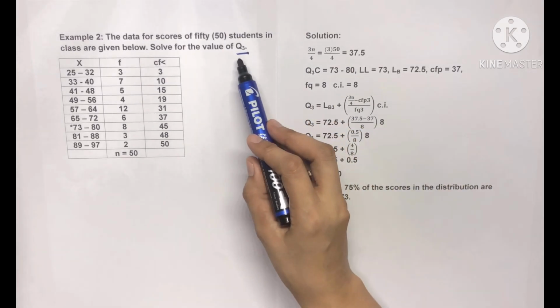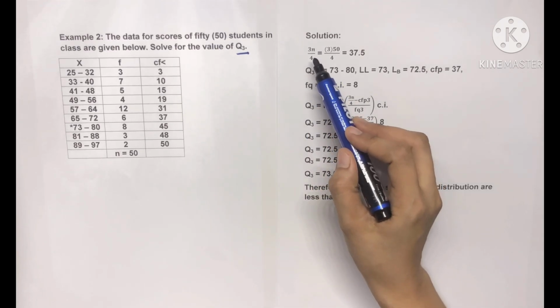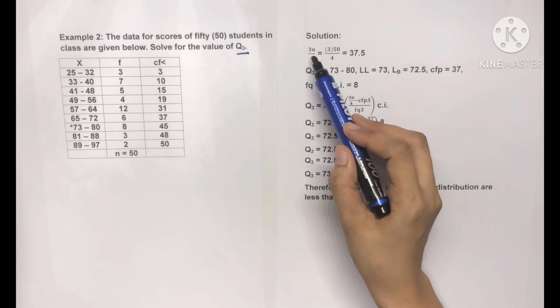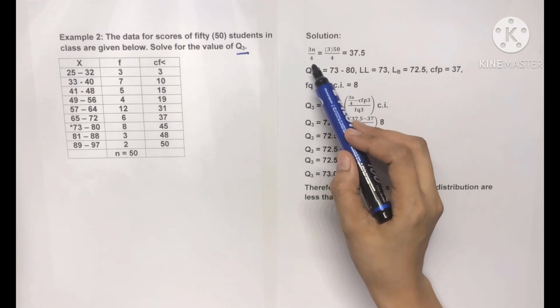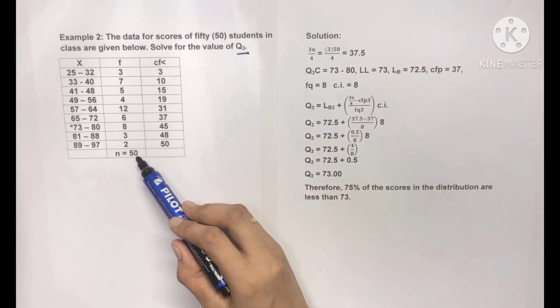Okay, let's proceed to solution. Since we are finding Q sub 3, or third quartile, we will have 3n over 4. So first step is you have to find your 3n over 4. So 3, copy, and then your n is 50.